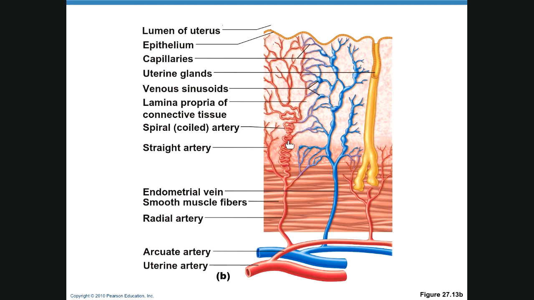Here are our spiral arteries. And when the body has figured out you're not pregnant, we're going to flush out the inside of the uterus and start over. These will kink in response to hormones, and they kink and they cut off all the blood supply so that this little thin layer dies off, and then they unkink and bleed. And that's what makes your period, is the sloughing off of the inside and then the blood.